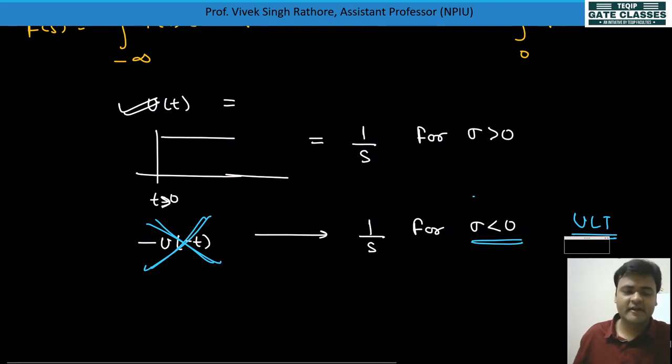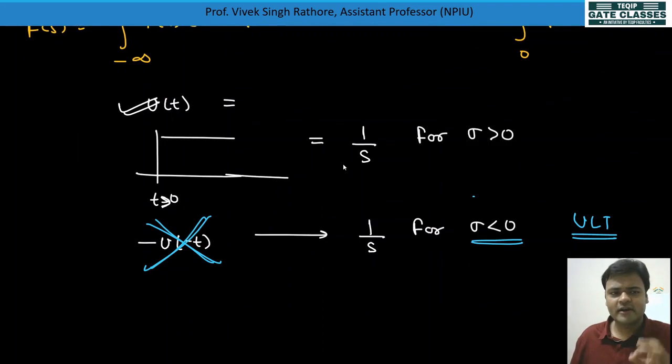But in the unilateral Laplace transform, this value doesn't exist, so there is no question of the same expression; only one value is there. So for the unilateral Laplace transform, the ROC is not at all required. Simple concept. For the unilateral Laplace transform, ROC is not required, because the expression is by itself unique, and no other expression can exist.